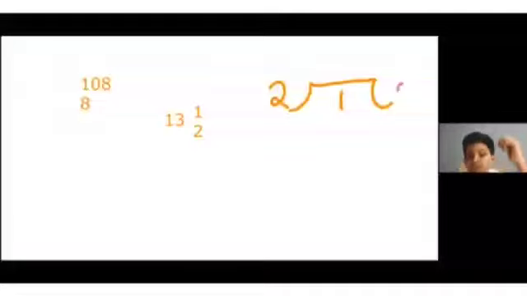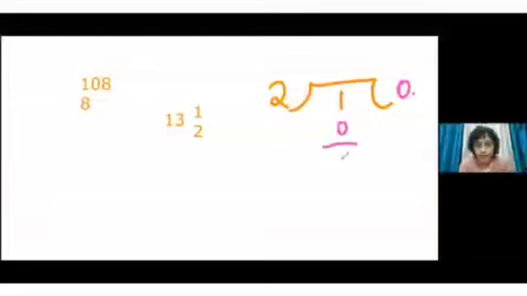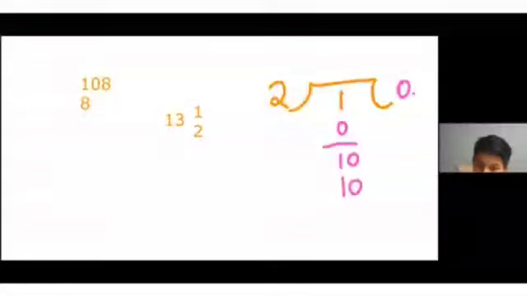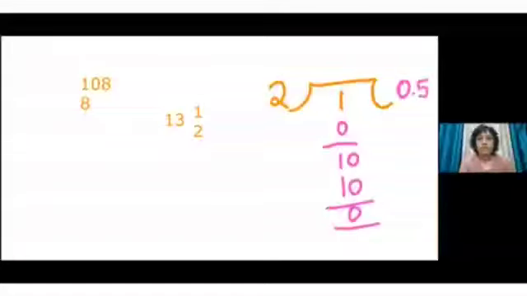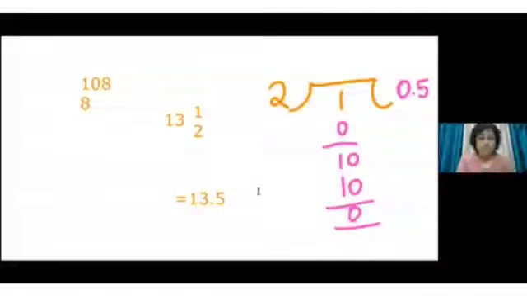So the answer would be 0 point something, and now it would be 10 divided by 2. So the answer would be 0.5. Very nice. And then if you add that to 13, you get 13.5.